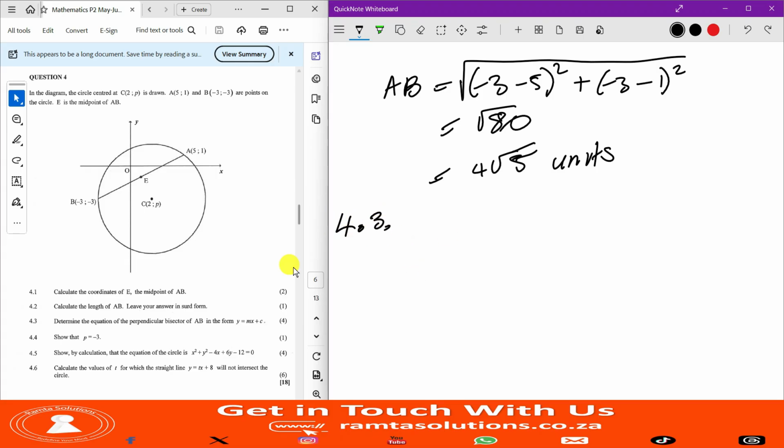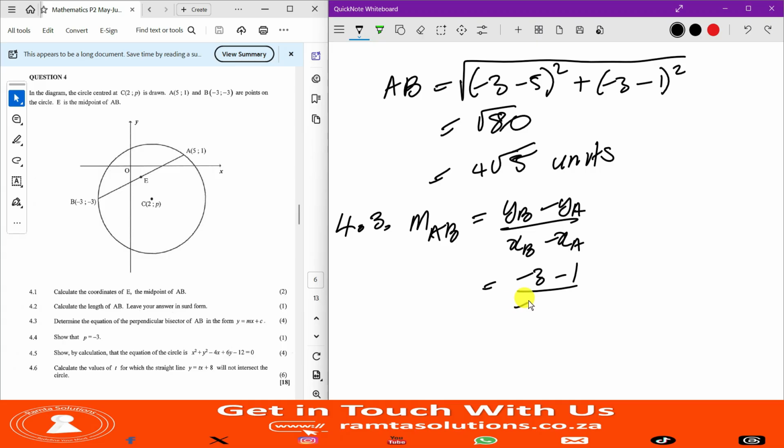So 4.3, for the equation of the perpendicular bisector we will need to find the gradient of AB. So gradient AB is basically y of B minus y of A all over x of B minus x of A. What is y of B? It is minus 3. What is y of A? It is 1. What is x of B?